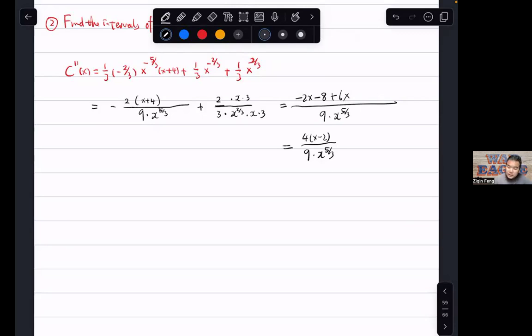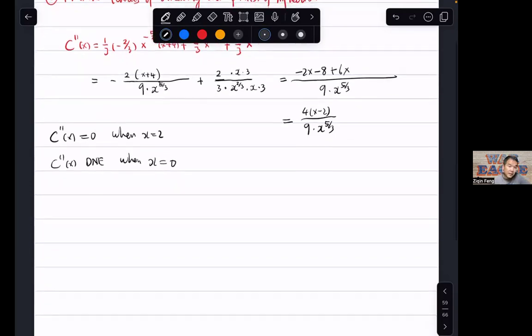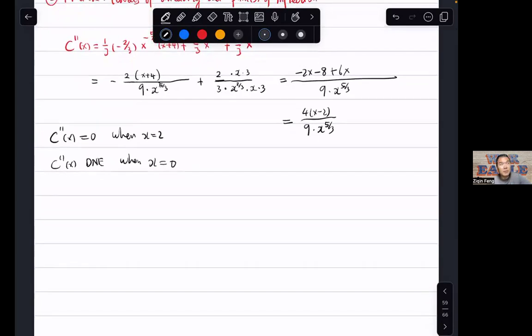And so you can see that C double prime of x equals 0 when x is 2. C double prime of x does not exist when x equals 0. So this could be an inflection point, because on the left side C double prime of x is positive and on the right side it is negative. That could happen, right? So we have 3 intervals: from negative infinity to 0, from 0 to 2, from 2 to positive infinity.